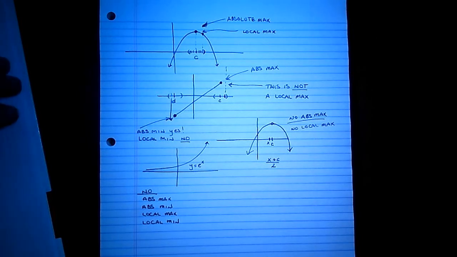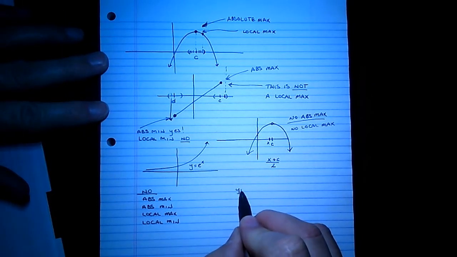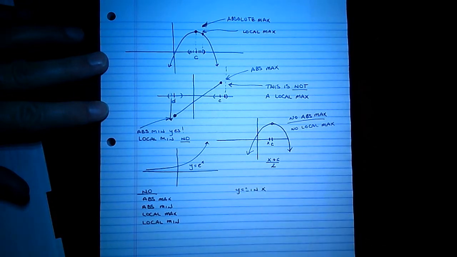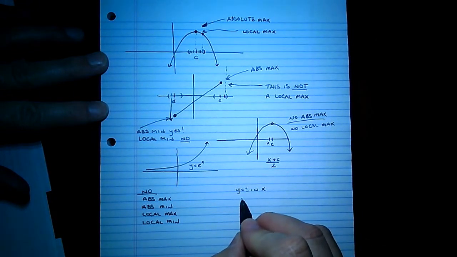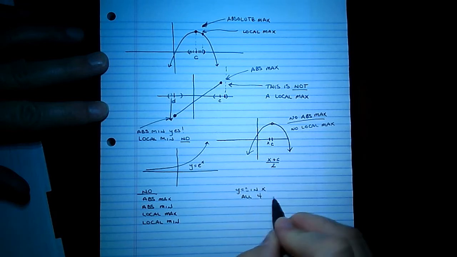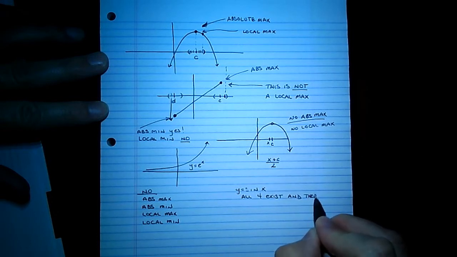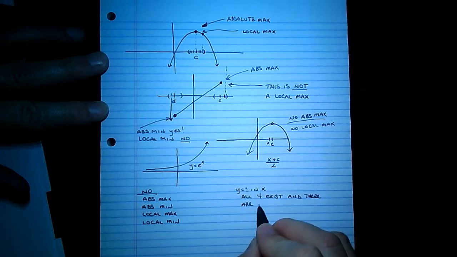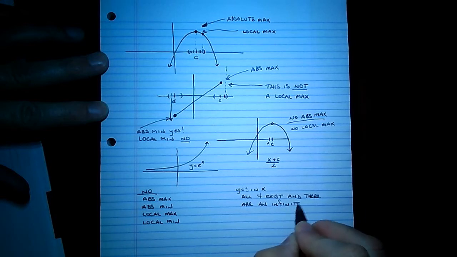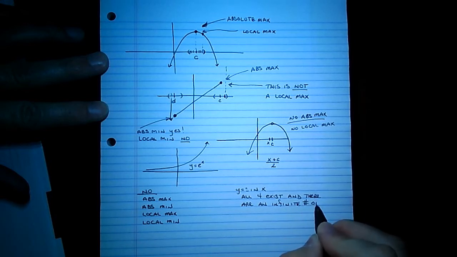Now, it doesn't take a lot of work to draw a graph that has all of the four. We've already done that. Your sine curve has all four of these. So in terms of the sine curve, y equals sine x, and I won't draw the graph again, we can all imagine that in our heads. Y equals sine x, all four exist, and there are an infinite number of each.